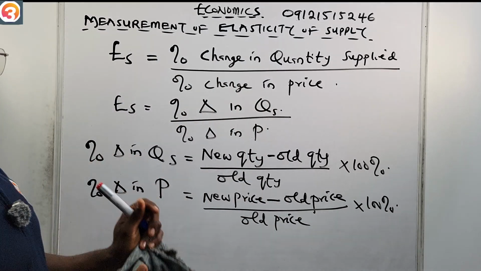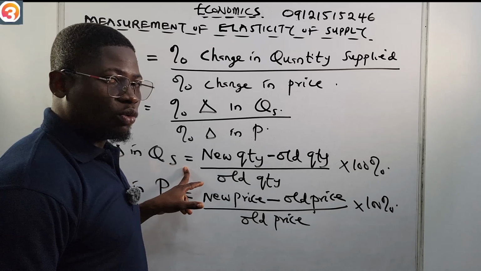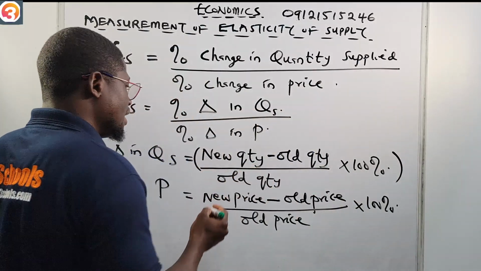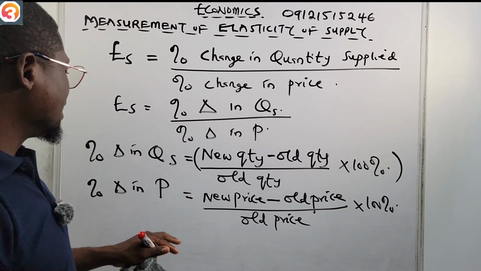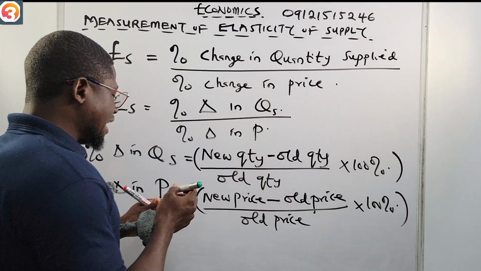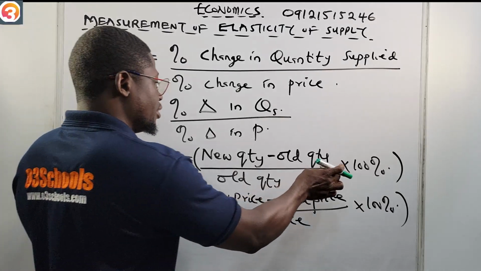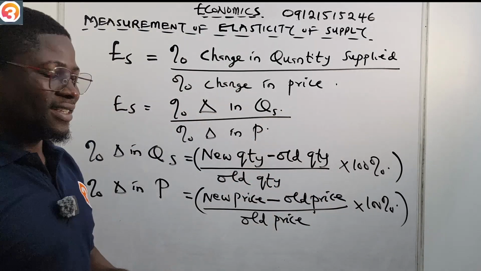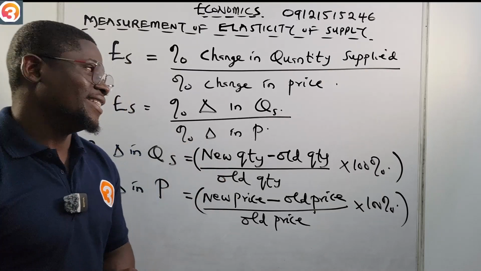That means if you calculate the percentage change in quantity supplied using this formula, and calculate percentage change in price using this formula, and then you divide the value you got from here over the value you get from here, you are going to have the elasticity of supply.